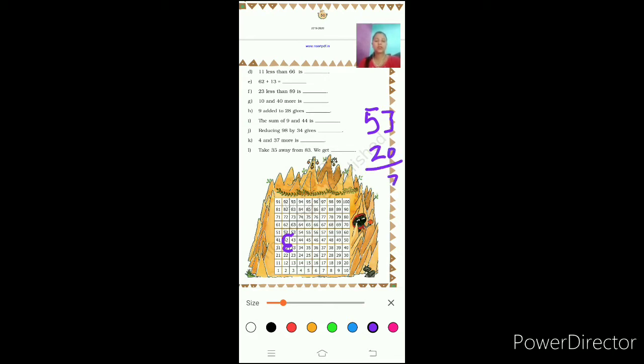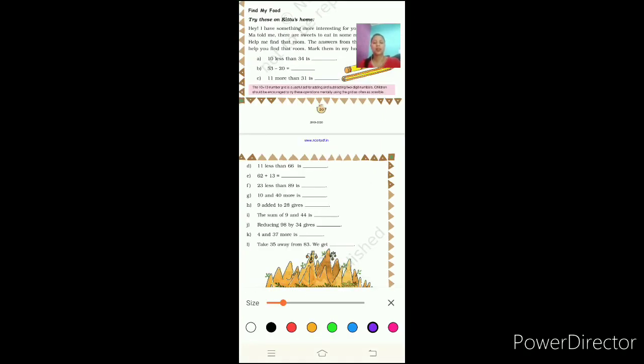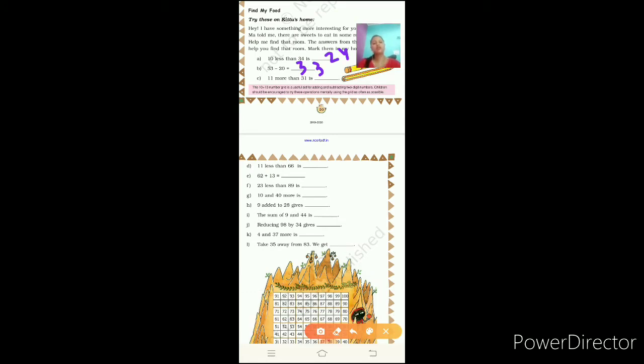So 3 minus 0, 3, and 5 minus 2, 3. So the answer is 33. Okay, so just write the answer. Listen, you can do it by addition and subtraction also, and you can do it by this activity also.